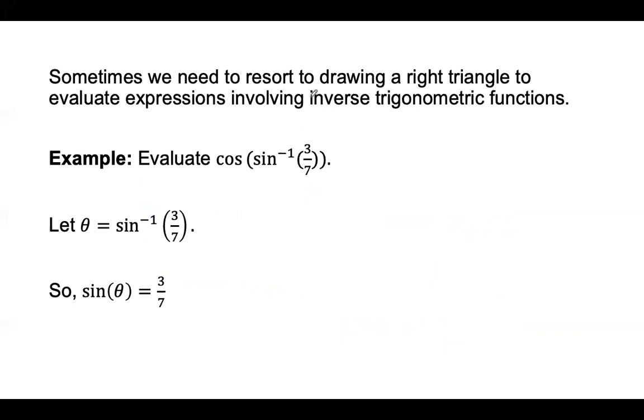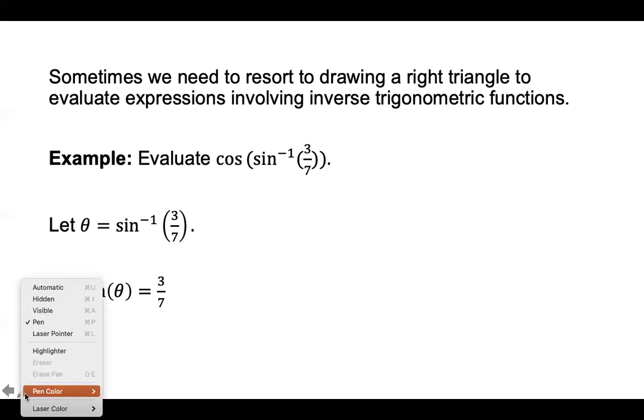So sometimes we have to resort to drawing a right triangle to evaluate expressions involving inverse trig functions. So let's look at this. Evaluate cos of sine inverse of 3/7. How do we do this?